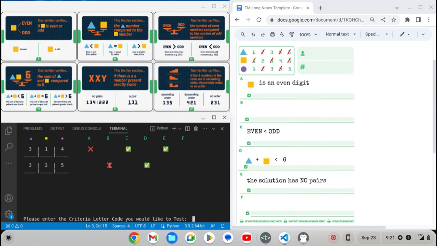That is incorrect. The Turing machine does not approve of that. So that means, in fact, triangle needs to be smaller than square. So let's type that up in our notes for section B, and that again is that triangle should be less than square.